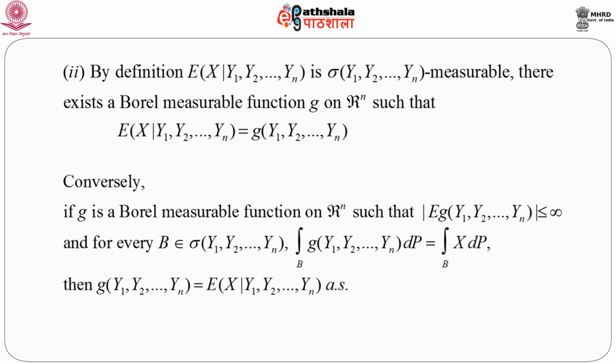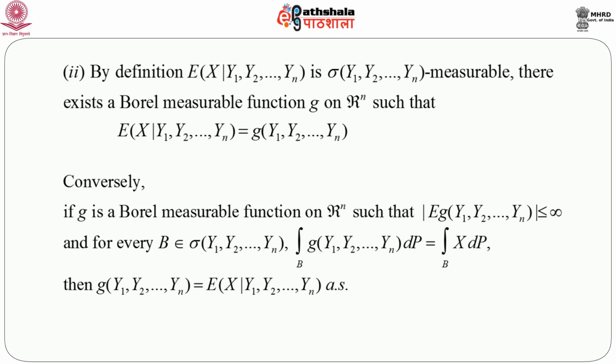So there must exist a Borel measurable function. Whenever I say the expectation of X given Y1, Y2, Yn, we can think of this as a Borel measurable function g on R^n. That means mathematically we can write that the expectation of X given Y1, Y2, Yn is nothing but the expectation of X given the sigma field generated by Y1, Y2, Yn, which is nothing but a Borel measurable function g of Y1, Y2, Yn.